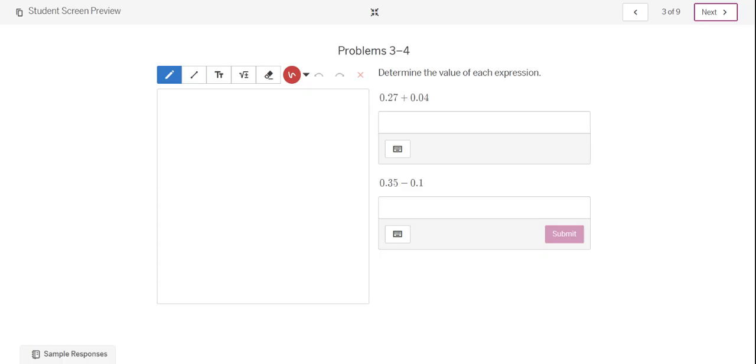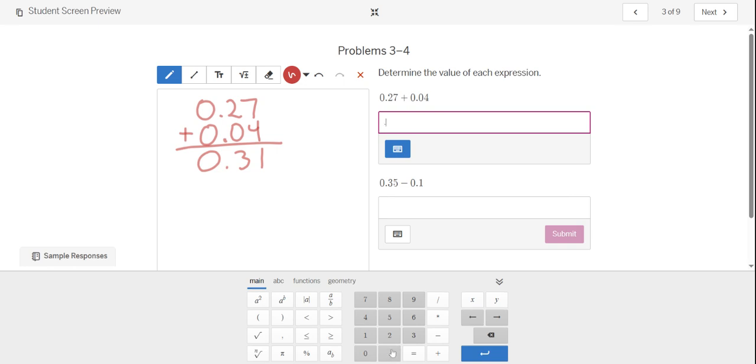Determine the value of each expression. I've got 27 hundredths getting added to 4 hundredths. I get that that's 31 hundredths, 0.31. Digitally it doesn't matter.